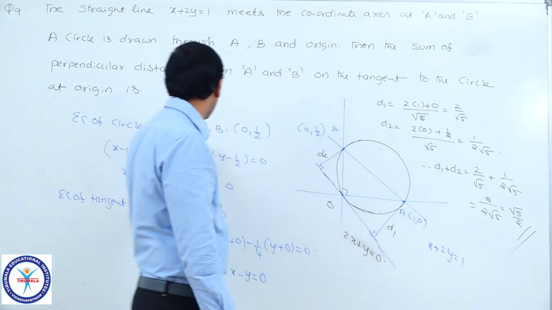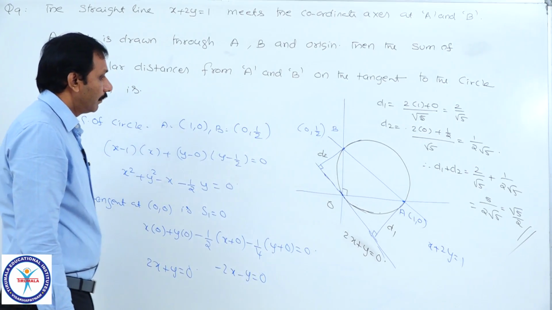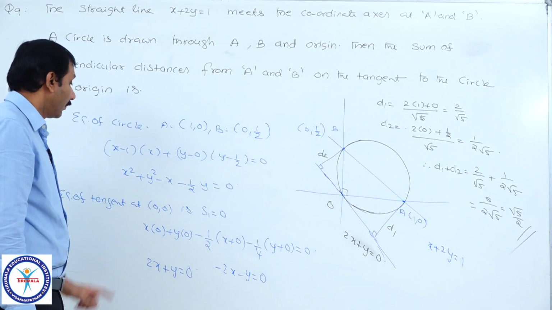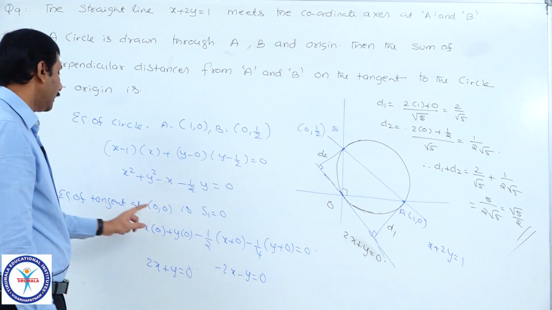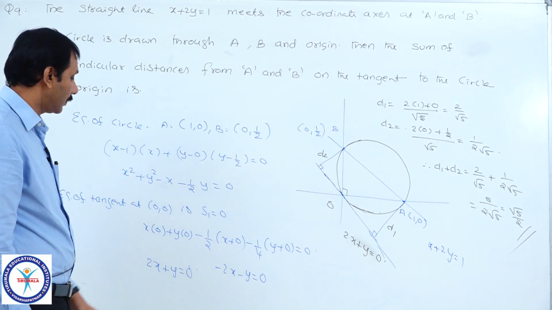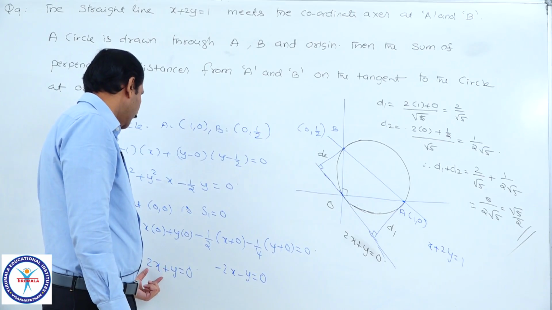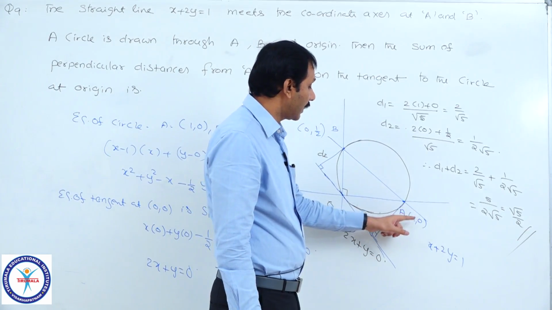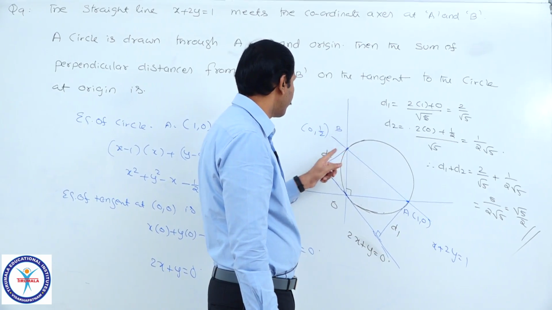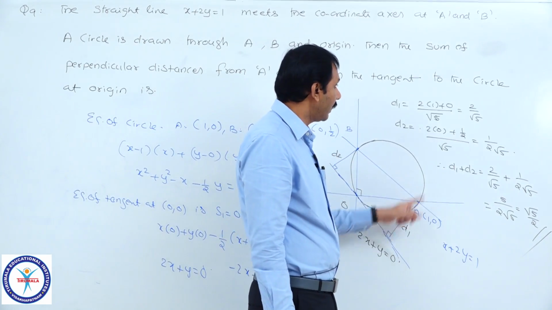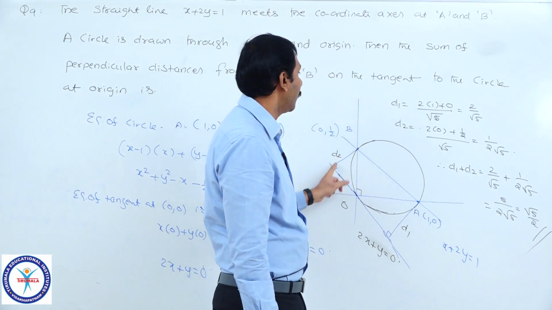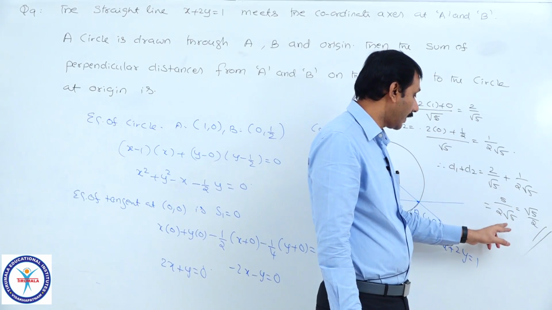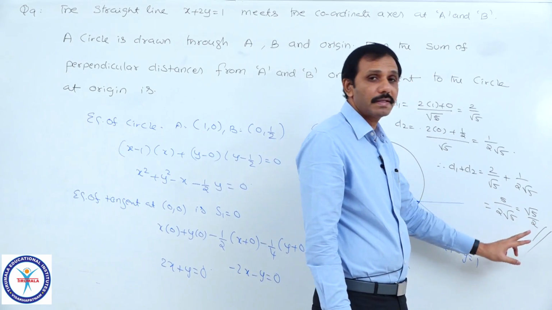Therefore, I wrote the equation of the circle, and for that equation, I wrote the equation of the tangent at (0, 0), S1 = 0. Therefore, the equation of the tangent at the origin is 2x + y = 0. Now, the perpendicular distances from (1, 0) to this line and from (0, 1/2) to this line, d1 and d2, I found. The sum is 2/root 5 + 1/(2 root 5), which is equal to 5/(2 root 5). Root 5/2 is the answer.